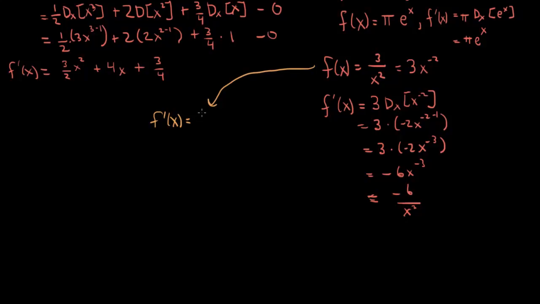So it's the bottom function, x squared, times the derivative of the top, which is 3, minus the top function, which is 3, times the derivative of the bottom function, which is x squared, over the bottom function squared. So x squared squared.